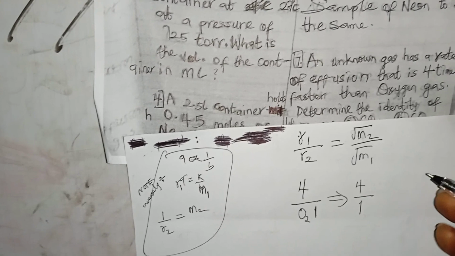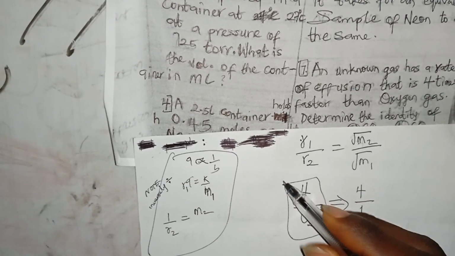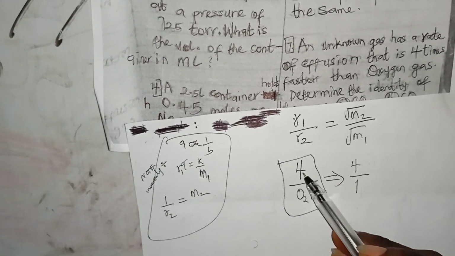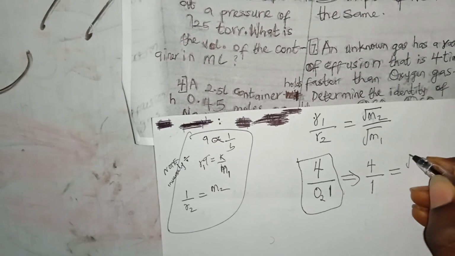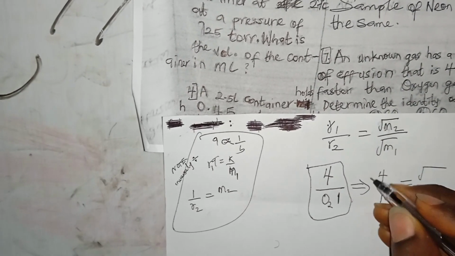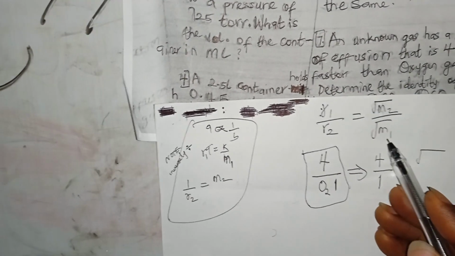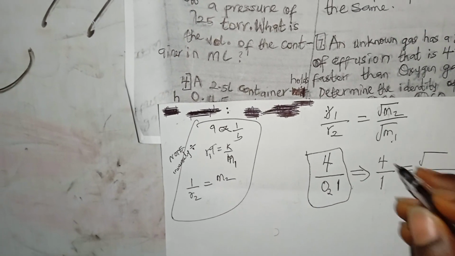Somebody who doesn't know the book too much can decide to say R1 is 8, R2 is 4, because whichever way you do it, the unknown gas must be 4 times faster than the second gas, which we know, which is oxygen. Because we don't know the gas, it takes the position of R1, and that is M1.